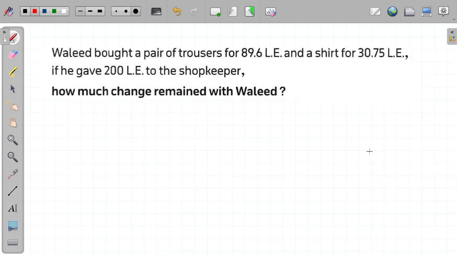Okay. Next, I have Walid bought a pair of trousers for 89.6 pounds and a shirt for 30.75 pounds. If he gave 200 pounds to the shopkeeper, how much change remained with Walid?